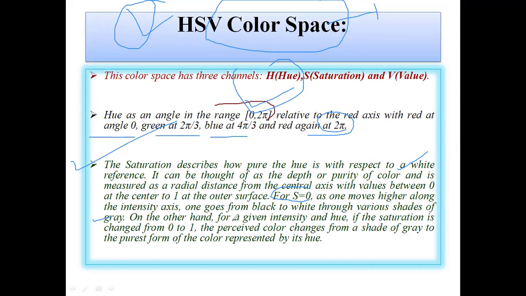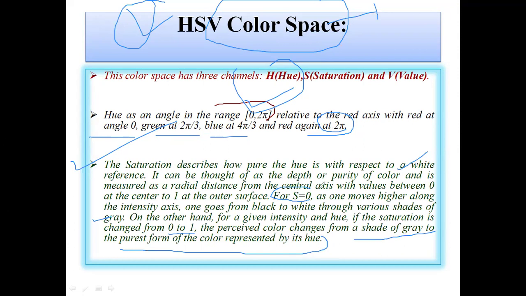On the other hand, for a given intensity and hue, if the saturation is changed from 0 to 1, the perceived color changes from a shade of gray to the purest form of the color represented by its hue. So you got it. Hue represents the colors, with different angles representing the colors in a different way.